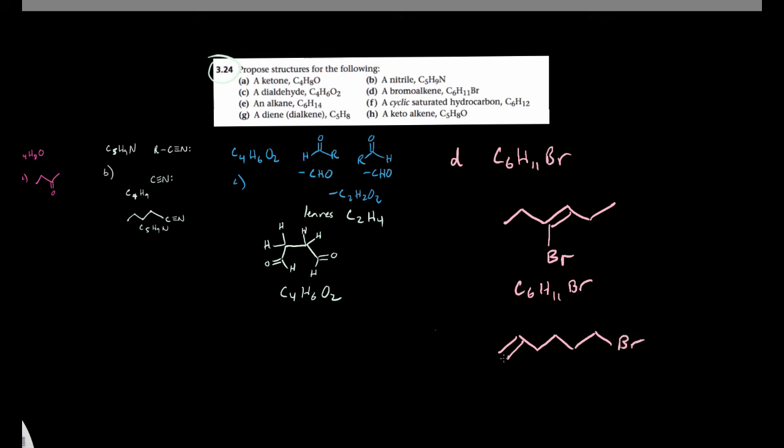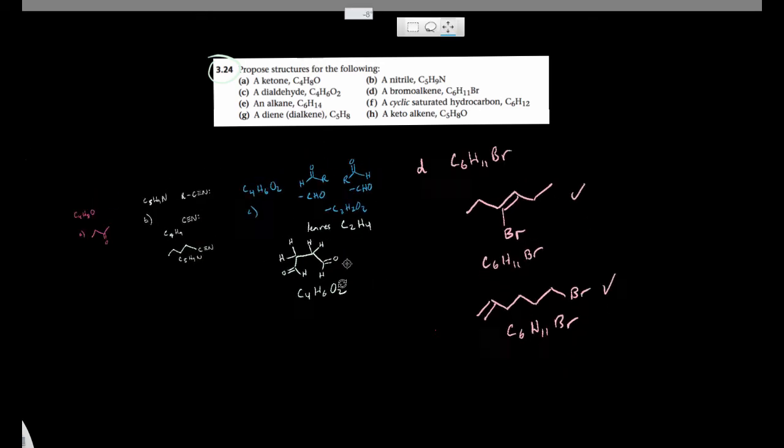Let's see if that works. So 6 carbons, 1, 2, 3, 4, 5, 6, C6, H 1, 2, 3, 4, 5, 6, 7, 8, 9, 10, 11, H11, and then Br. So that works too. Both of these actually work equally well.